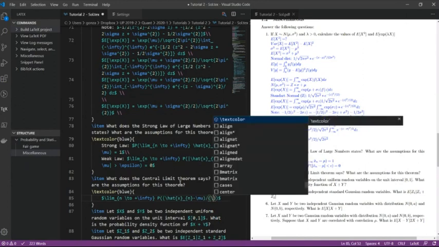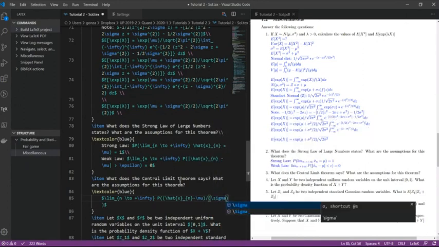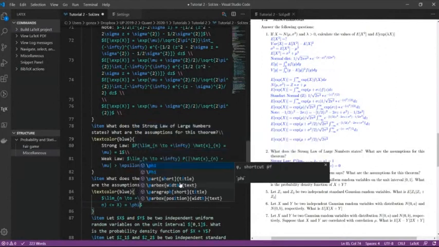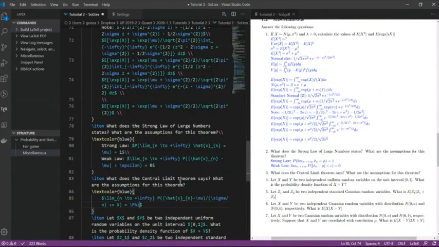Remember, it's sample variance, so sigma divided by n. The probability of this being less than or equal to x. So this is basically like you're making a density formula. It should be equal, and I'm using phi as the standard normal distribution.